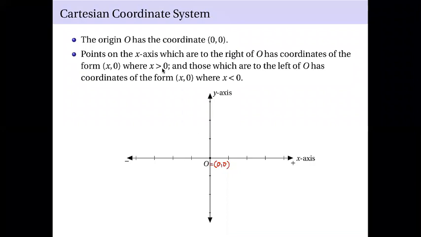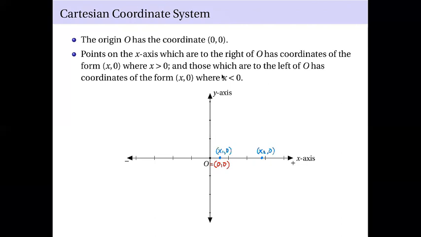For example, this point here we can label as x sub 1 comma 0, and this one here x sub 2 comma 0. This x sub 1 and x sub 2 and all other points on the right of 0 will have the x coordinate positive.